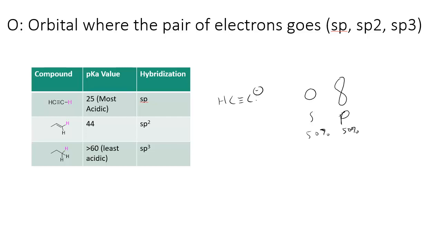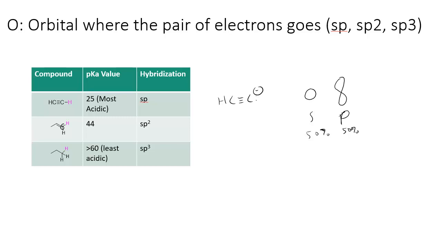That higher percent s orbital means that these electrons are closer to the nucleus of the atom. So they're closer to the neutrons and protons that make up that atomic nucleus, which means that it is more stable than electrons being far out in a p orbital. So in terms of an sp2 hybridized carbon, that would be this carbon right here.